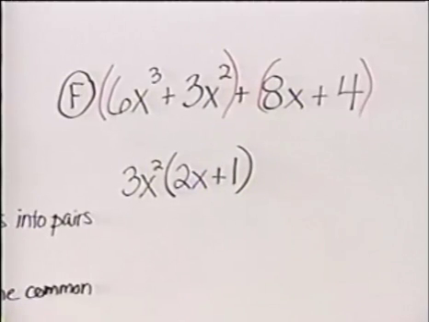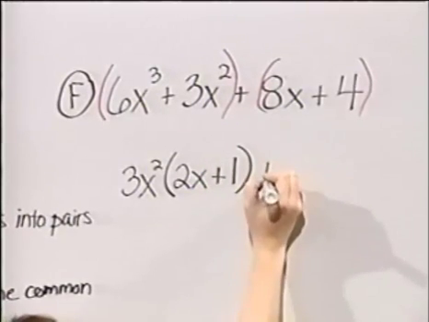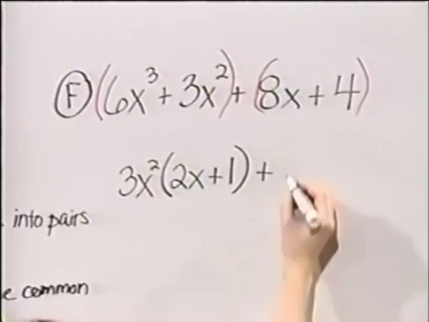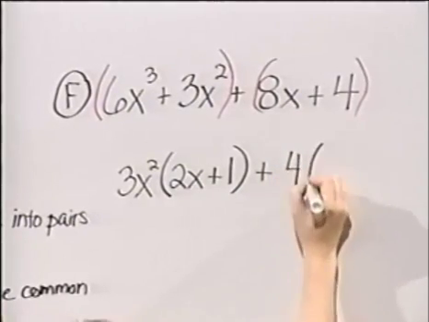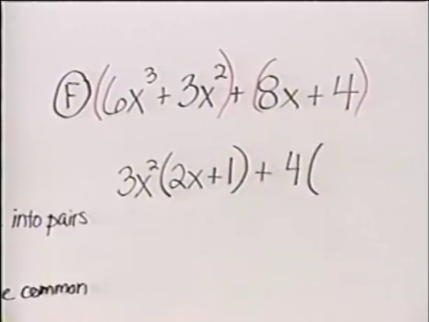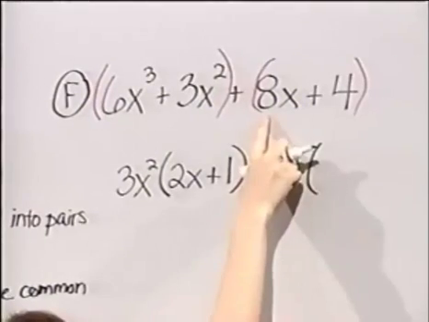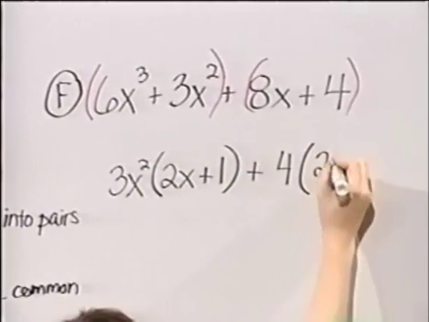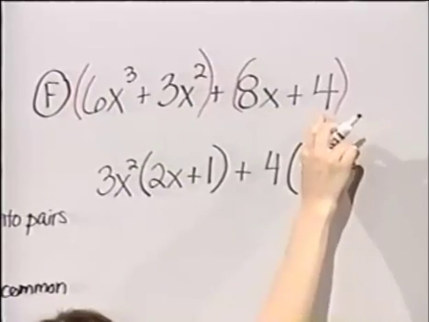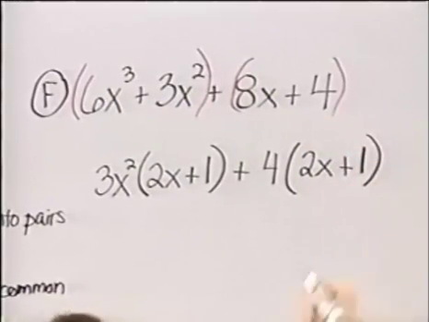That's the first thing. In the second one, I can take out a 4. When I take out a 4 from both of these places, I get 2x plus 1.